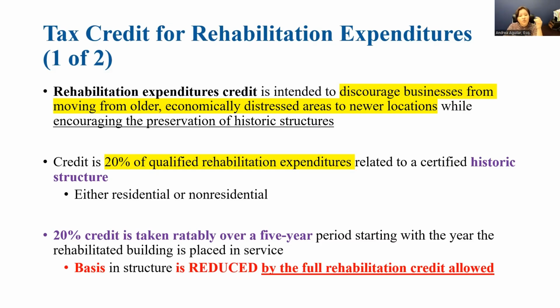Now, this 20% credit, they will be able to claim it over 5 years, starting with the year the rehabilitated building is placed in service. Now, the credit will affect the basis. If you get this credit, you will have to reduce your basis by the full rehabilitation credit allowed.